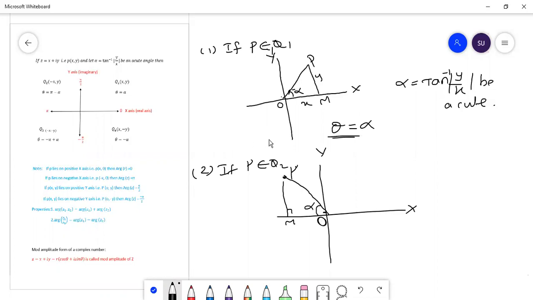Let us consider alpha is an acute angle. But what is the definition of argument? OP is making an angle with the x-axis in the positive direction. This is theta, but this is alpha, and the whole thing is pi. In a straight line, the total angle is pi. That's why this becomes pi minus alpha.